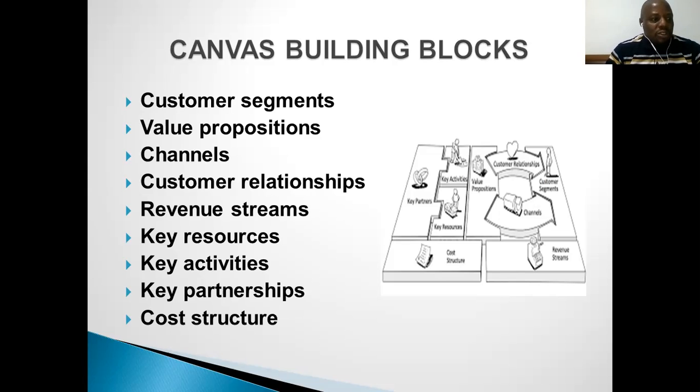Key resources: what unique strategic resources does the business have? Key activities: what unique strategic activities does my business perform to deliver the value proposition? Then cost structure: what major costs are incurred by the business?